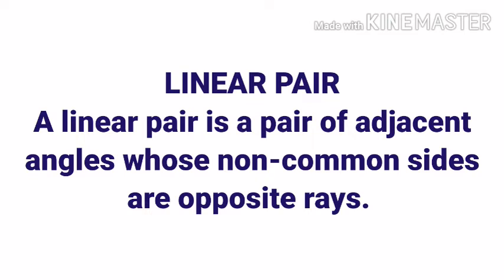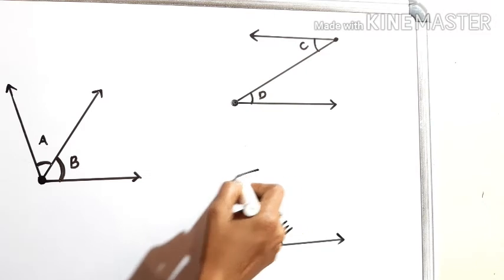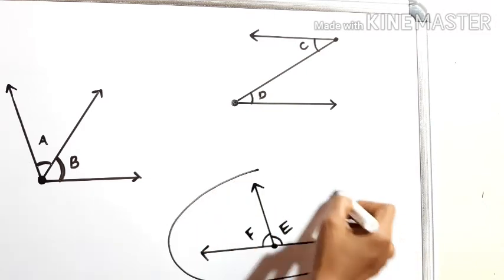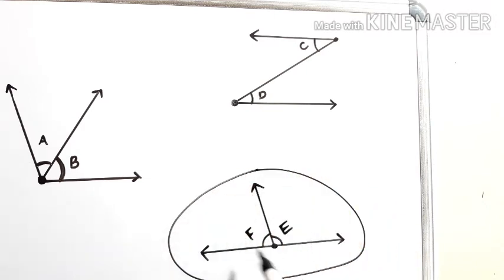Linear pair. A linear pair is a pair of adjacent angles whose non-common sides are opposite rays. Here, angle F, angle E, adjacent angles, right? These two angles are also an example for linear pair.